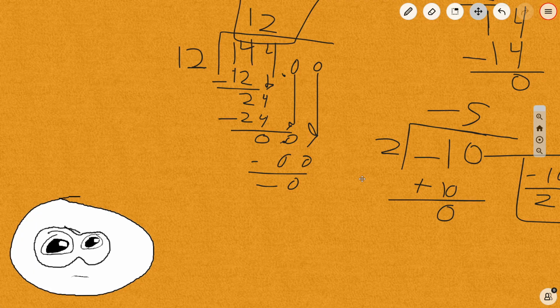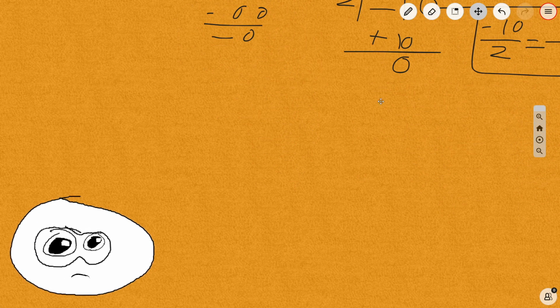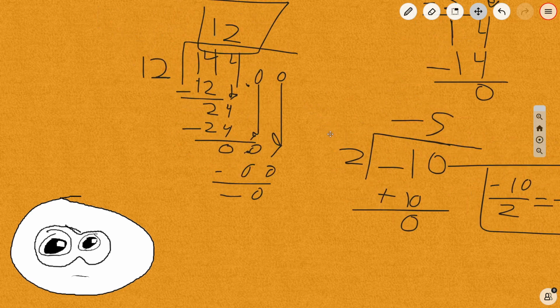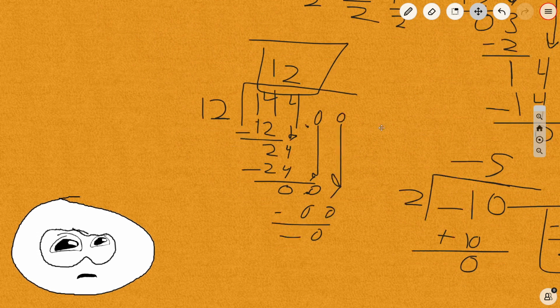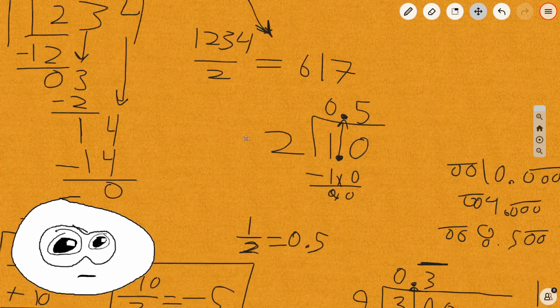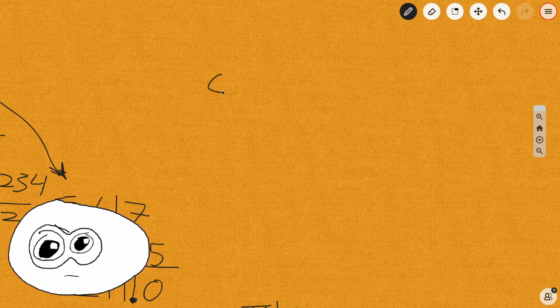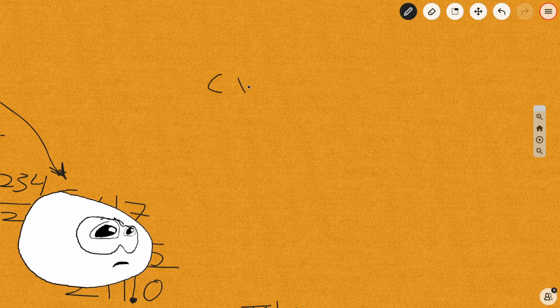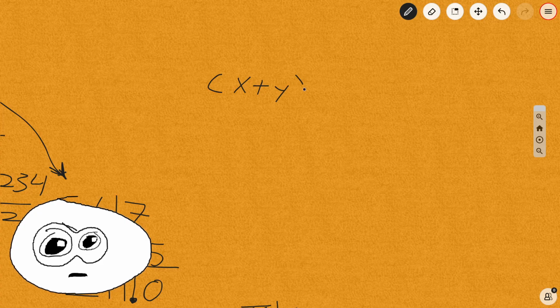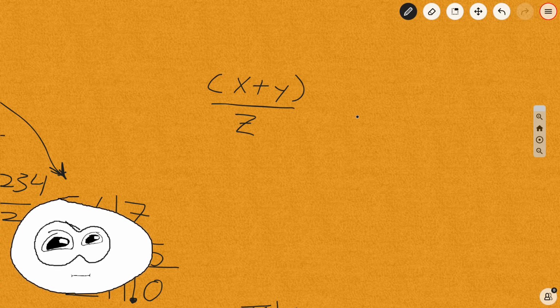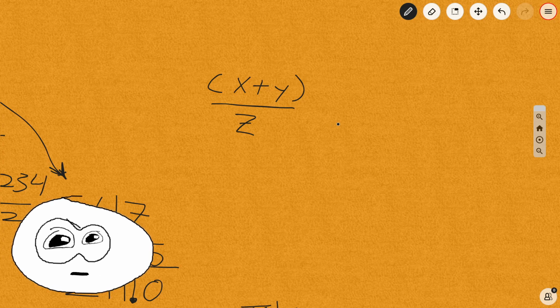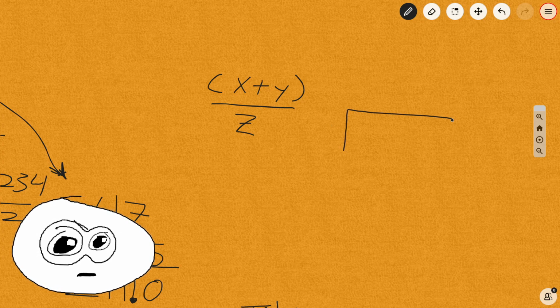Okay. Now, can you do long division with addition? Let's find out. Because I know that you can have something like, let's say, x plus y divided by z. And written like long division, it'd be like this.